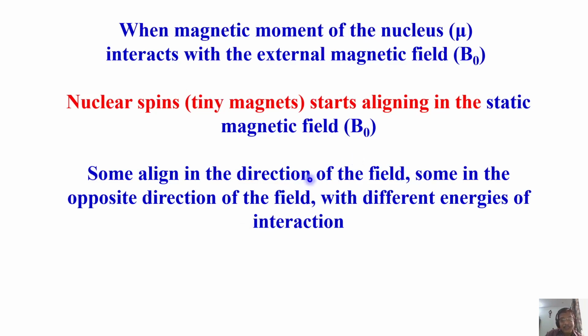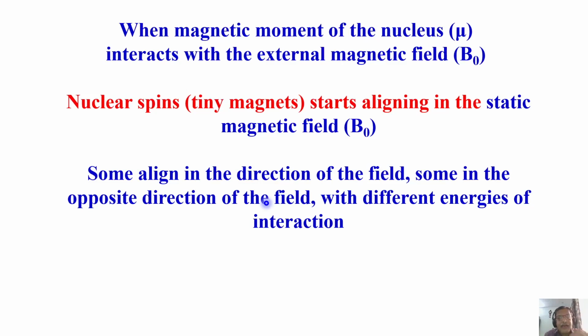And what is happening is some of the mu's orient in this direction, some orient in the opposite direction, and they have again different energies. You understand? Nuclear spins which align in the direction of the field, and those which align in the direction opposite to the field, have different interaction energies. Is it not? NMR is very interesting to understand.